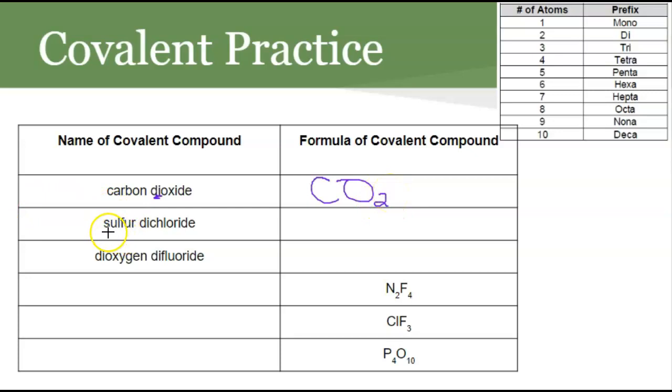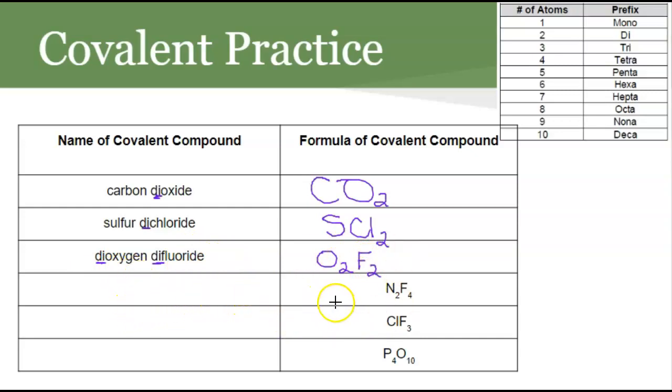Now I can go to the second one, sulfur. Since there's no prefix, there's only one of them, and dichloride. So sulfur is S, chloride is Cl, and I must have 2 of them. When I get here, I do have a prefix in front of both, so that's telling me how many I have. I somehow have 2 oxygens and 2 fluorines, that got turned into fluoride.